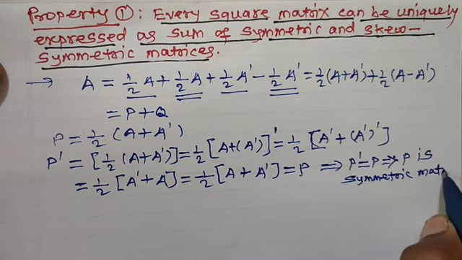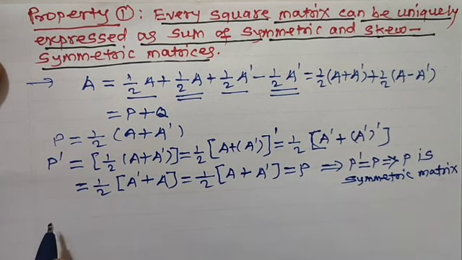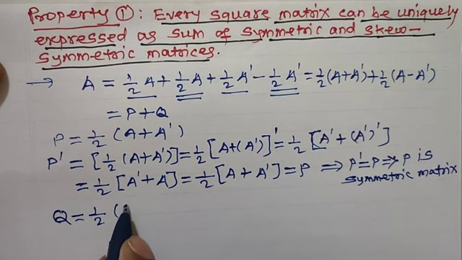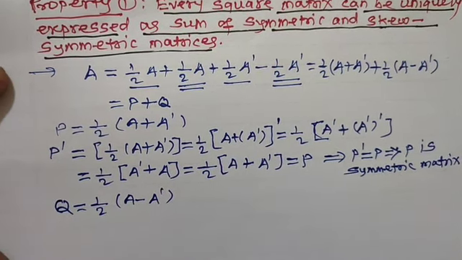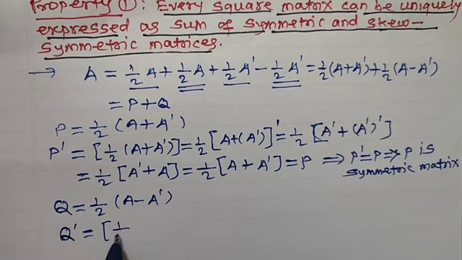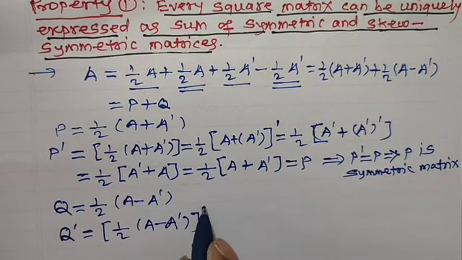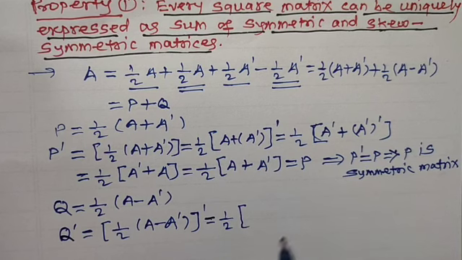Now we have to take another matrix, that is Q. We are assuming Q is equal to half of (A minus A dash). Now find the transpose of this matrix. Q dash is equal to 1 upon 2 (A minus A dash), and the transpose of this. 1 upon 2 is taken common, which is a constant coefficient.